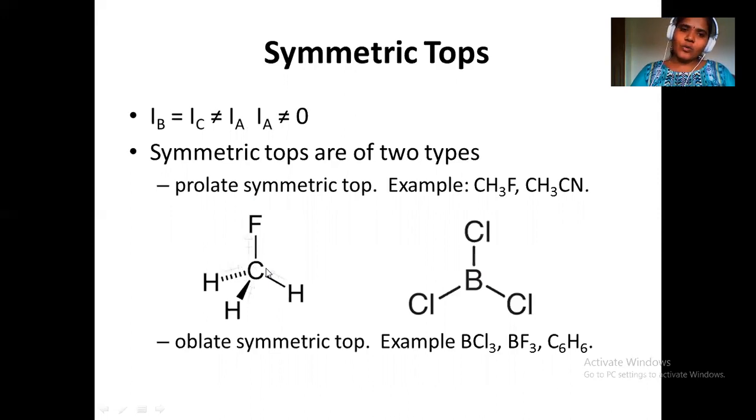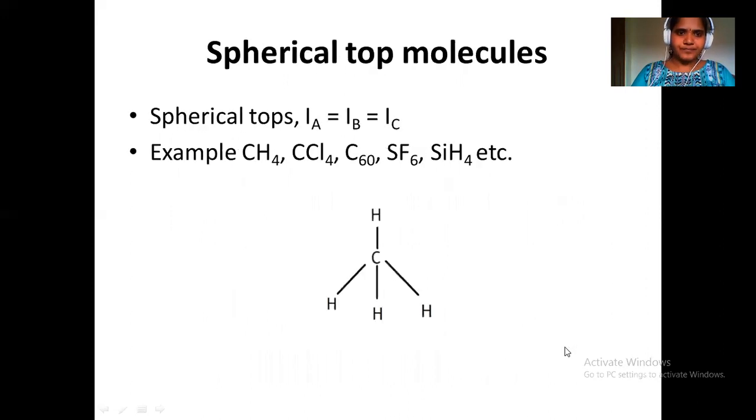Based on whether IA is greater or IB and IC are greater, we have two types of symmetric top molecules: prolate and oblate. The prolate example is CH3F, and oblate examples are BCl3, BF3 or C6H6.